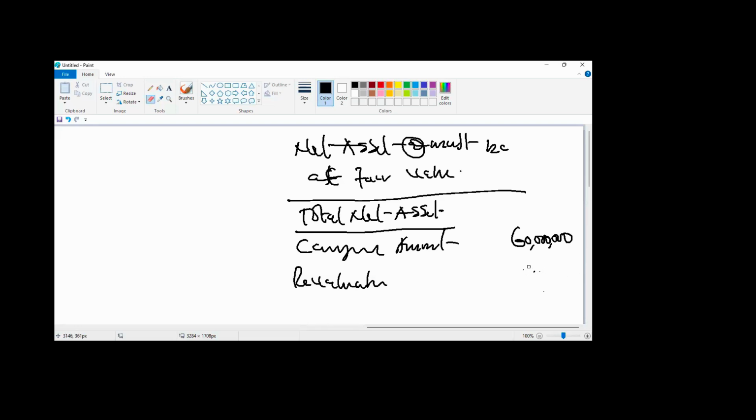So don't forget the net asset must be at fair value. Carrying amount now.